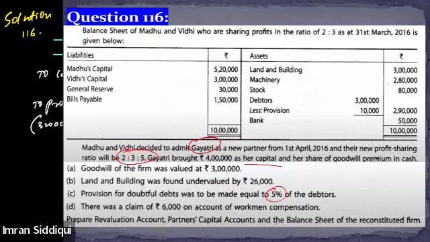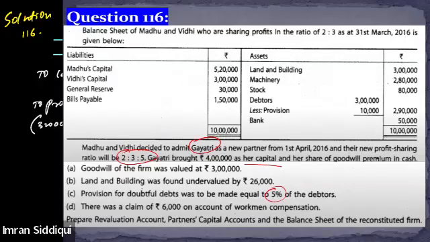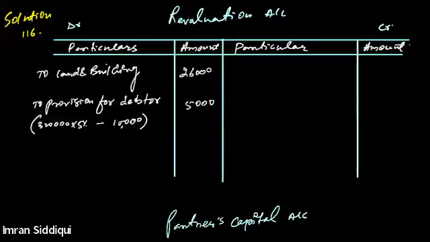Next, the last item says that there was a claim of 6,000 on account of workman compensation. Tell me, what do we need to do with the workman compensation? Workman compensation is a loss. Since there is a claim of rupees 6,000 and it is a loss, we'll go to the revaluation account again and write down to workman compensation claim.